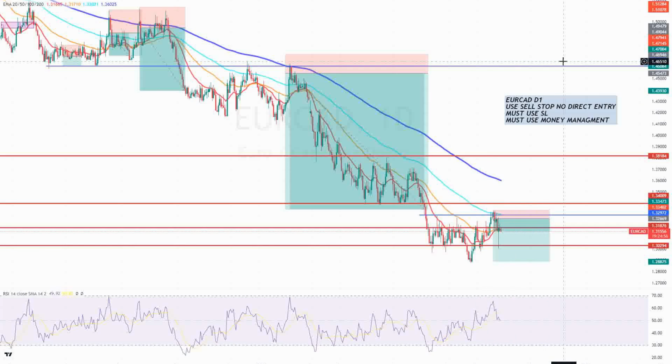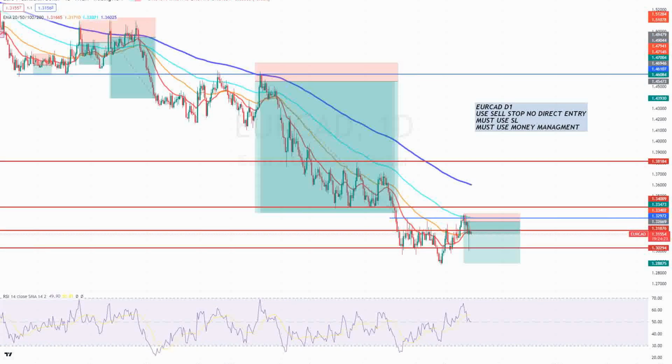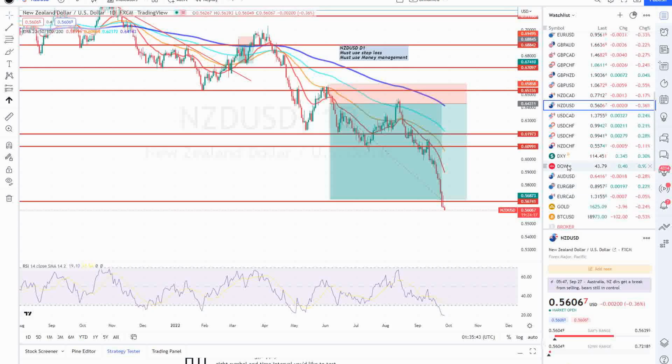One thing to remember is to try to trade in trend direction, because there is more probability that price will move in the trend and in your direction, there is less drawdown, and you need to use a smaller stop loss. So it's always better to trade in trend direction. So this is the situation of EURUSD, and New Zealand US dollar already touched our take profit.